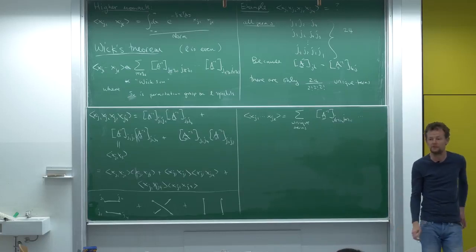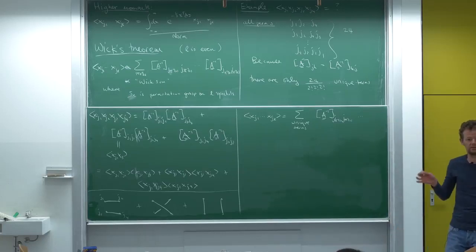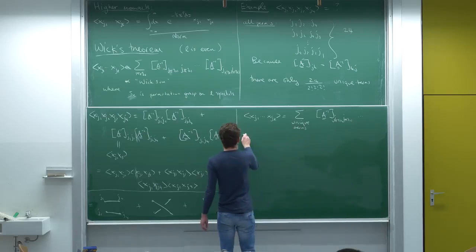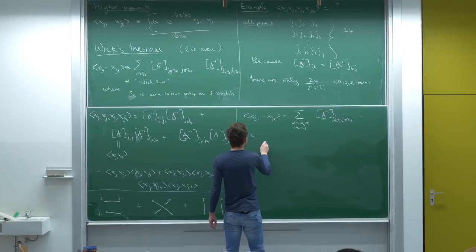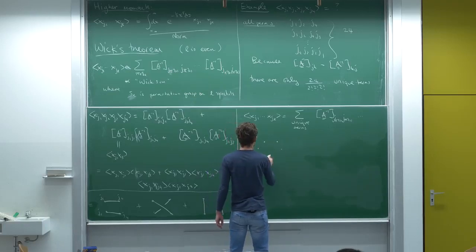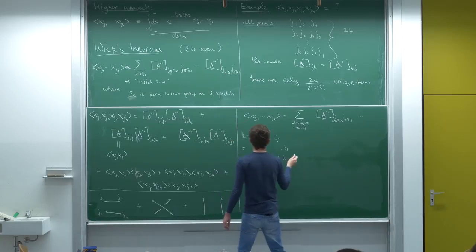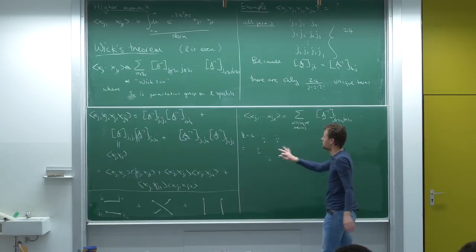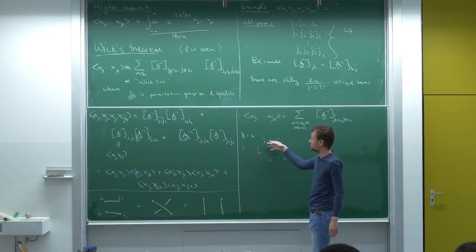So that's the answer. You know how to work out the unique terms. You draw pictures as the most efficient way. So let's just look at the case L is 6. The number of terms that we get here will be the number of pairings of 6 points.